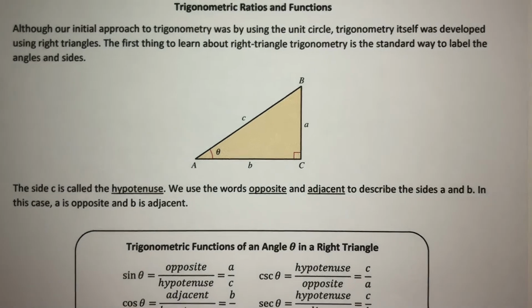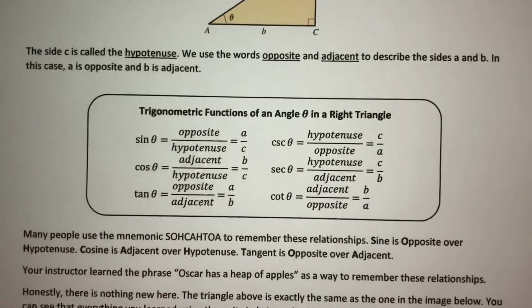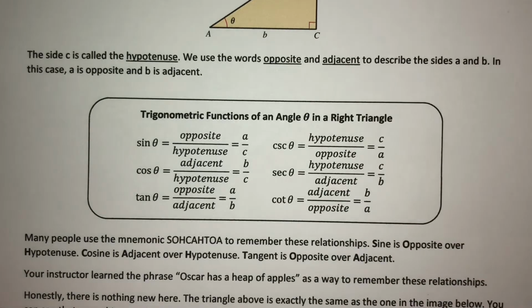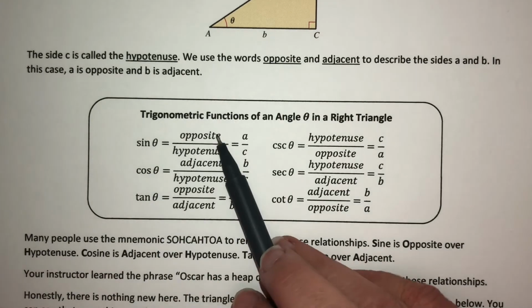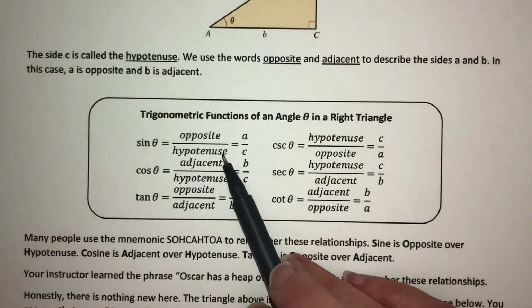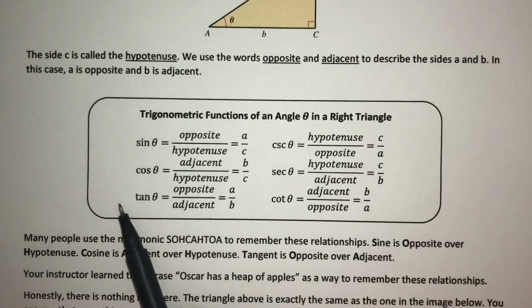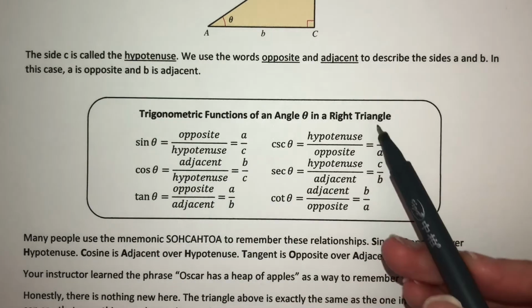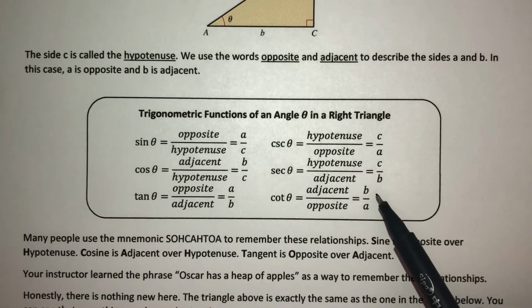Okay, so here are our trig functions in terms of opposite, adjacent, and hypotenuse. Sine is opposite over hypotenuse. Cosine is adjacent over hypotenuse. Tangent is opposite over adjacent. And then these are your reciprocals, cosecant, secant, and cotangent.